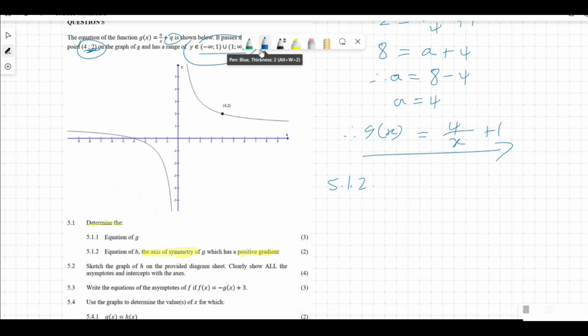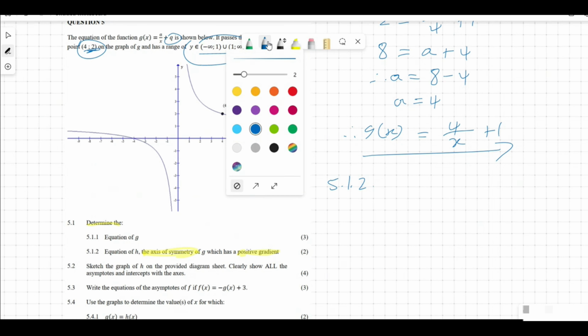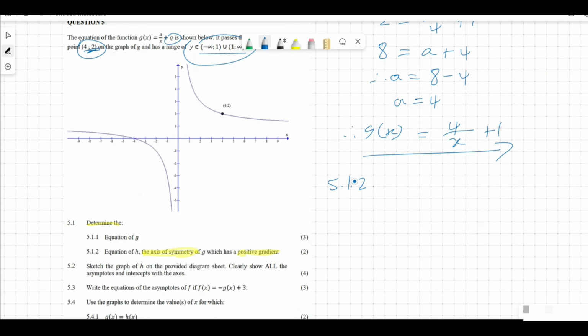In your notes, it's written y equals what? With a positive gradient, y equals ax plus q. Equation of the axis of symmetry of a hyperbola. We are dealing with a hyperbola here. Sorry, y equals x plus q.